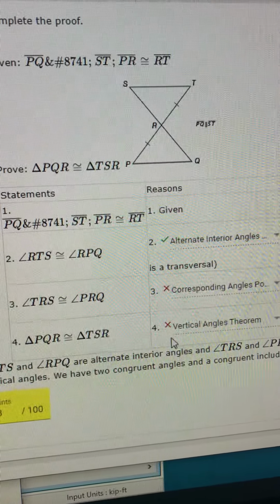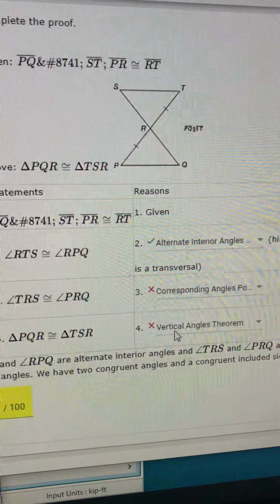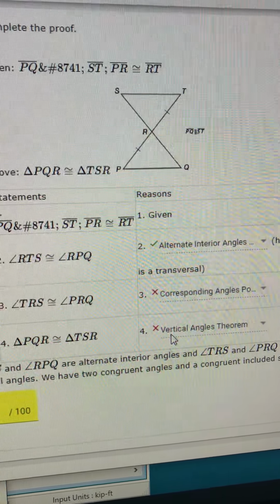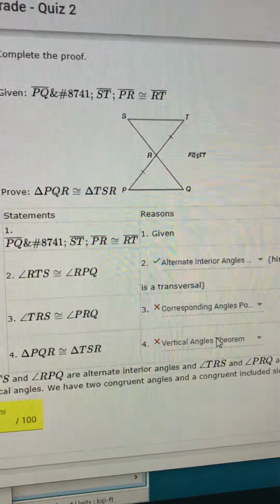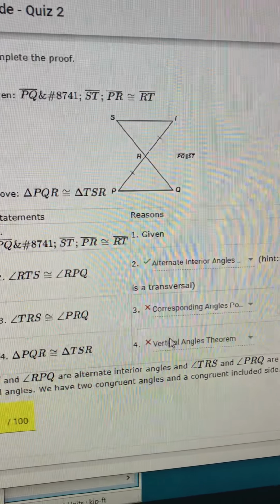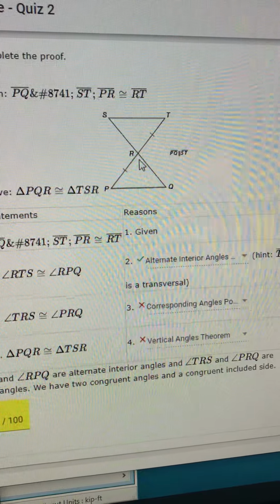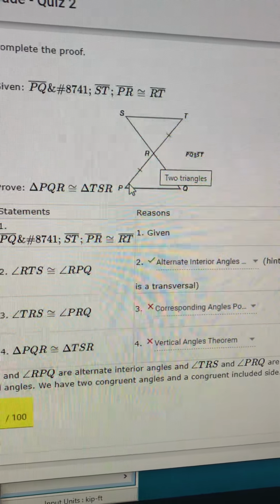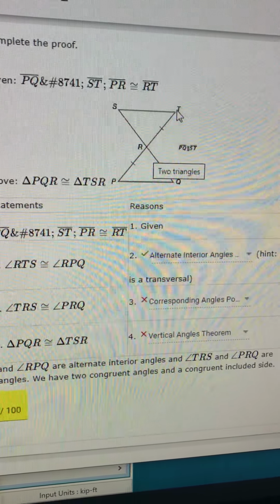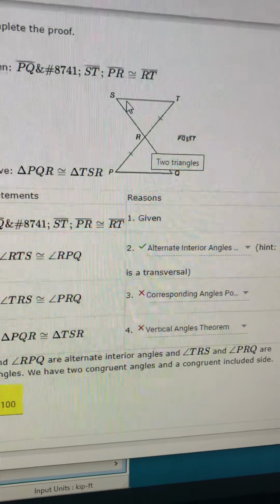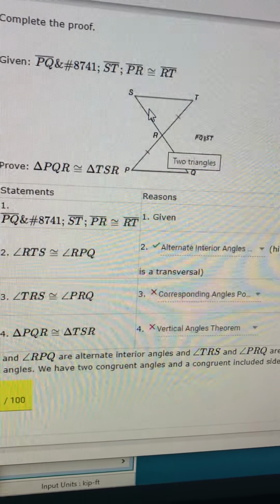So then why are the triangles congruent? This is always going to be either SSS, ASA, one of those triangle theorems. It's not going to be one of these. Since they gave you this angle and this angle, and they gave you, which one did they give you?